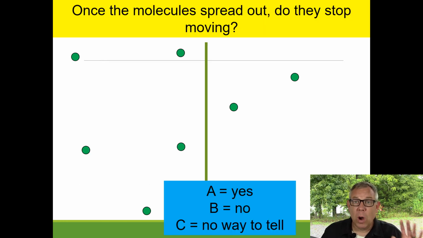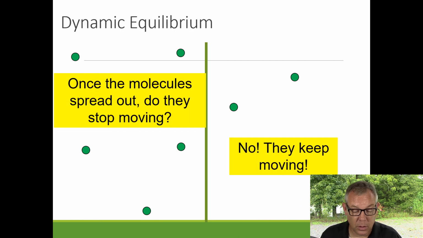Okay, now once those molecules spread out and have diffused down their concentration gradient, do they stop moving? Yes, no, no way to tell. Well, molecules never stop moving, right? Until you're at absolute zero, there's always some movement. And so the molecules keep moving, but they move in both directions.